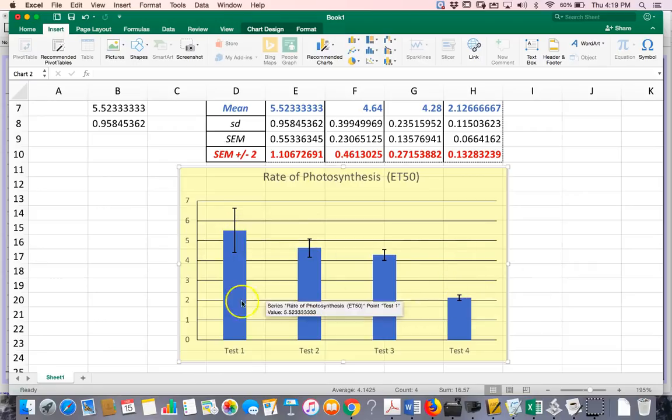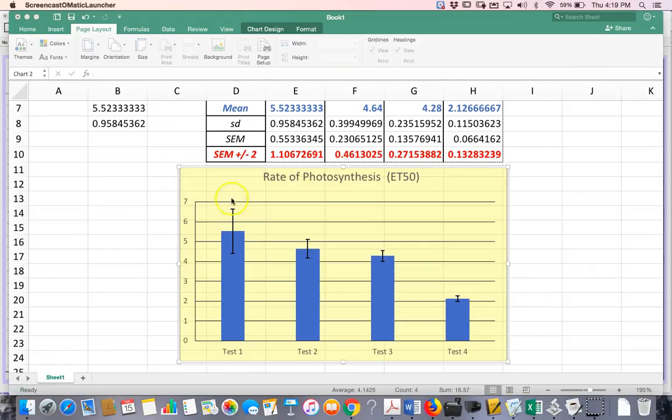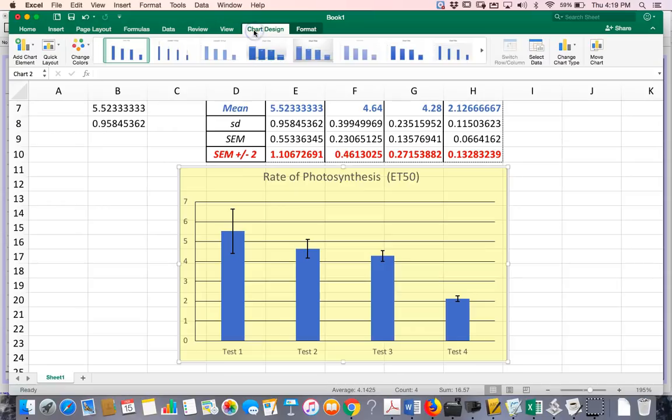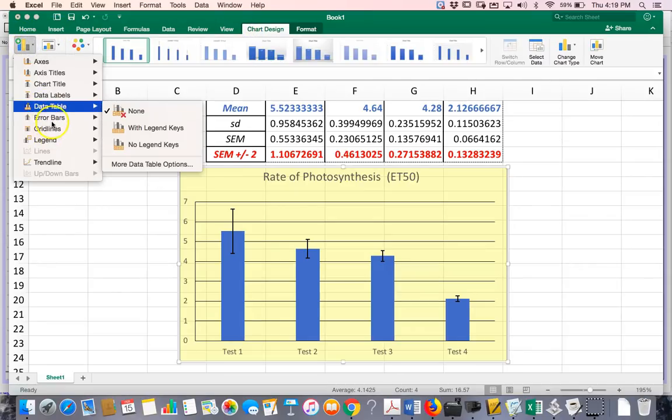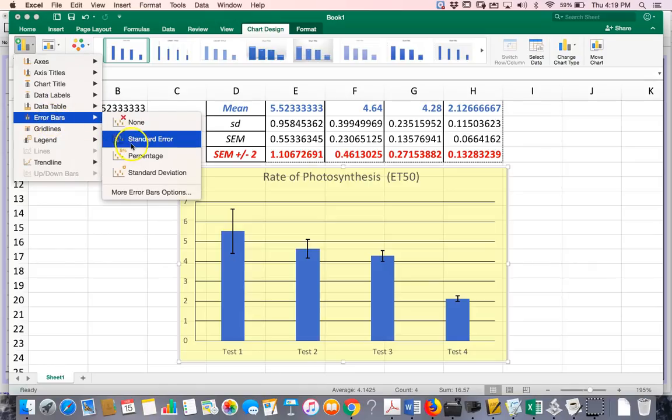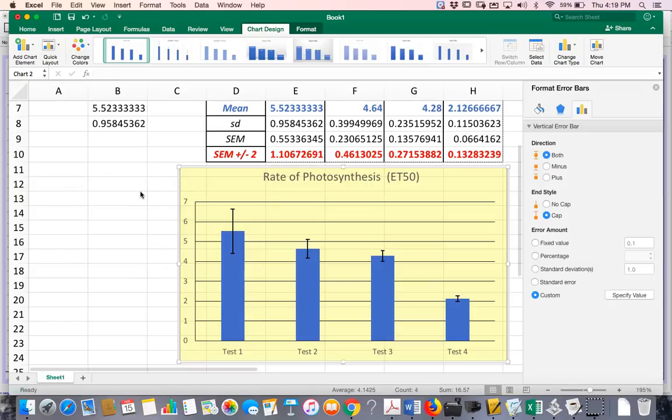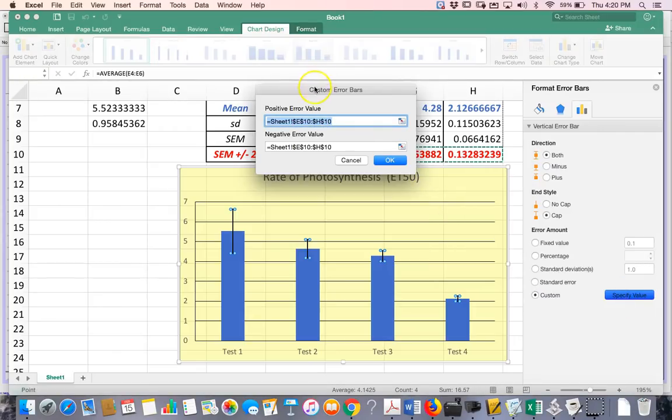And to add these error bars like I did, make sure I'm in chart design. I come down to add chart element, and I'm going to do error bars, and I'm going to do more error bar options. And what I'm going to do is I'm going to hit custom like I have here. I specify the value, and now it's looking for the error bars.